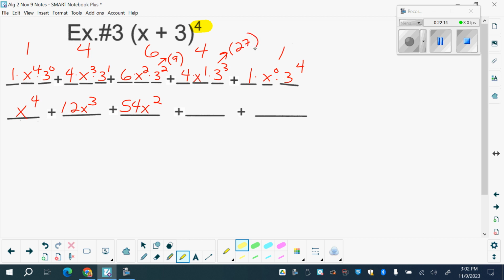And then 4 times 27. Wait, you said what? 108. Calculator's good. 108x. Let me write that 8 again. And then what's 3 to the 4th? 81. So again, make sure you know how to use your calculator there. So this is what our answer would simplify to.